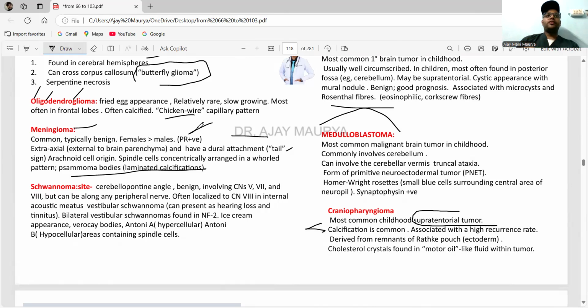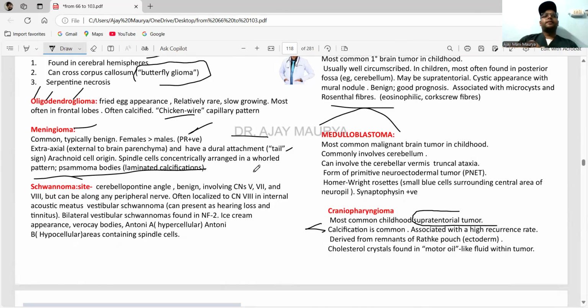Now the schwannoma. It mainly involves the eighth cranial nerve.